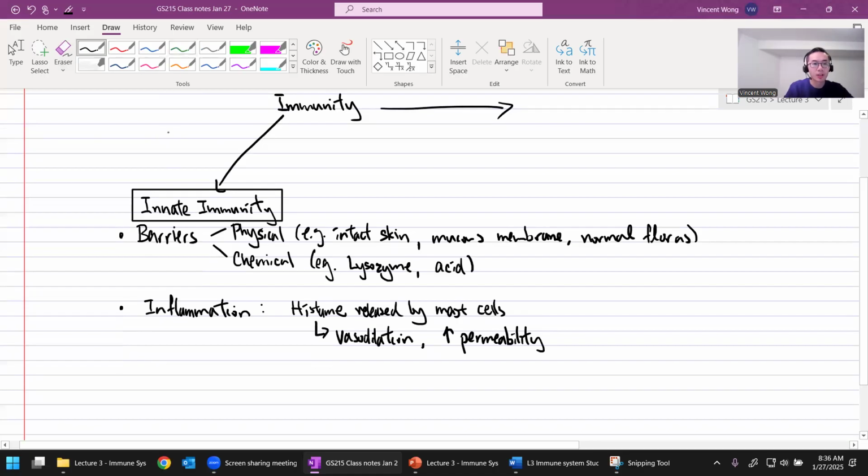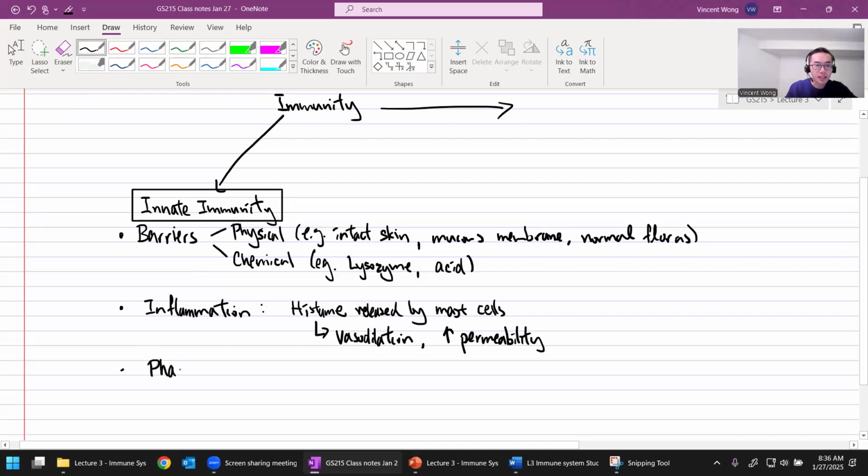Of course, we also talk about the hallmarks and the characteristics of inflammation. There's going to be pain, redness, swelling, and heat associated with it. The next one is the phagocytes and the NK cells, right?